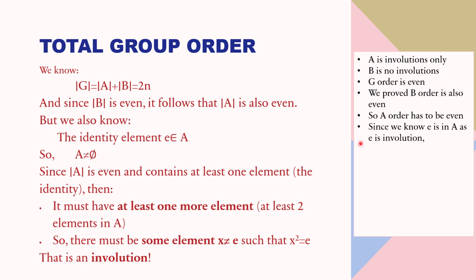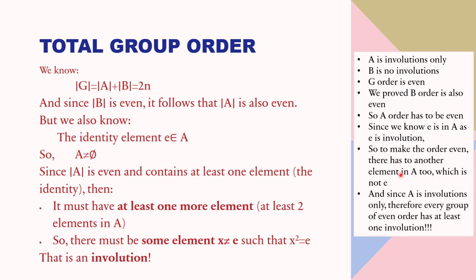Since we know e is in A, as e is an involution, since we proved that, and since A is all involutions, therefore e is in A. So to make the order even, there has to be another element in A as well, other than e. There has to be, because we proved that A is even, right? Therefore, since e is there, there has to be another element as well.